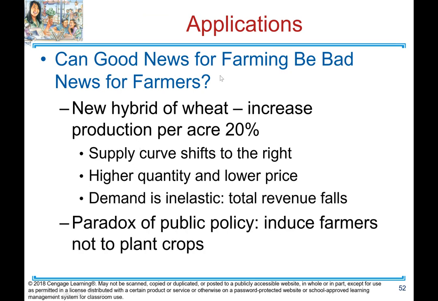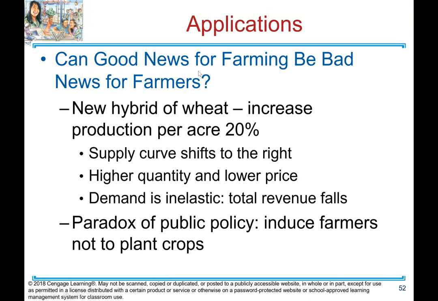Can good news for farming be bad news for farmers? A new hybrid of wheat increases production per acre by 20%. Supply curve shifts to the right, higher quantity and lower price. Demand is inelastic, total revenue falls. That is the bad news for farmers.